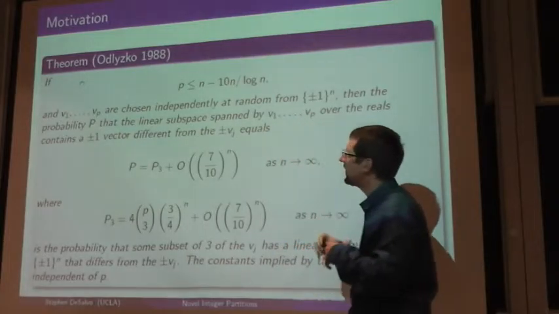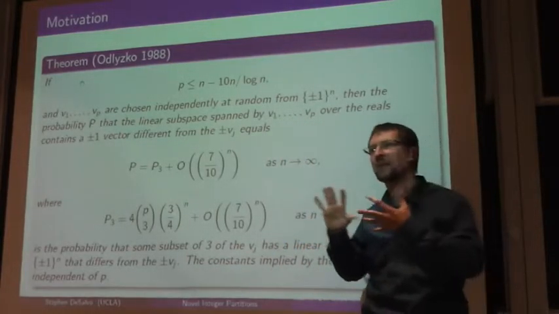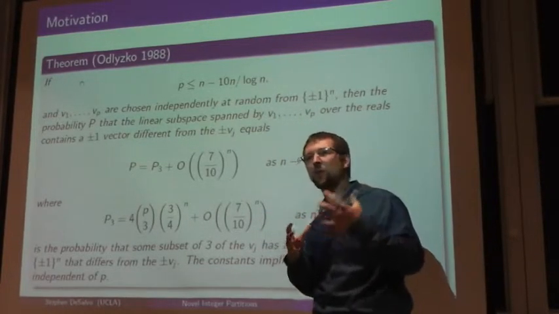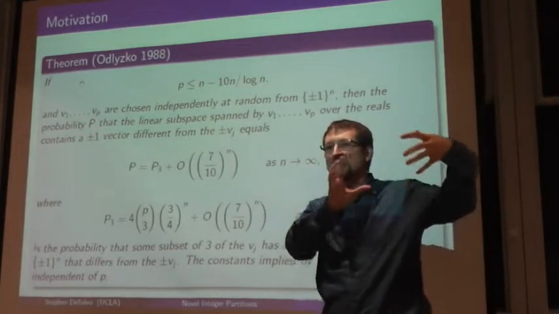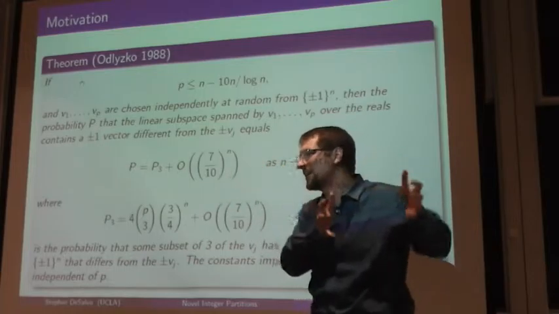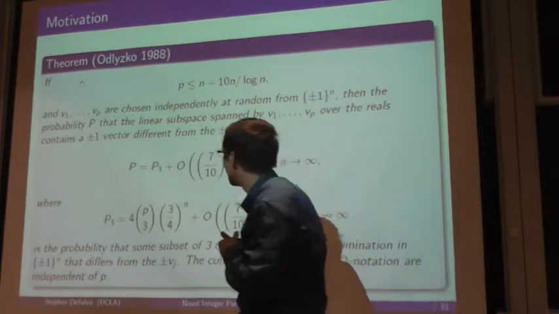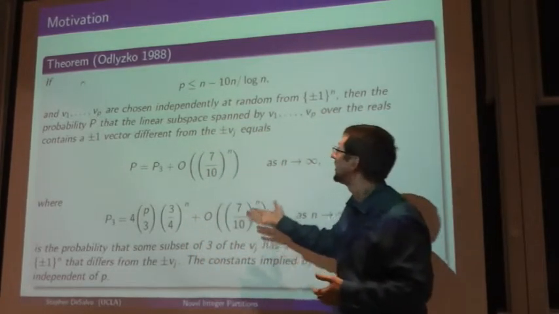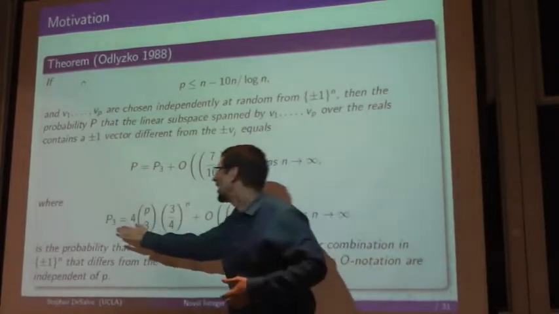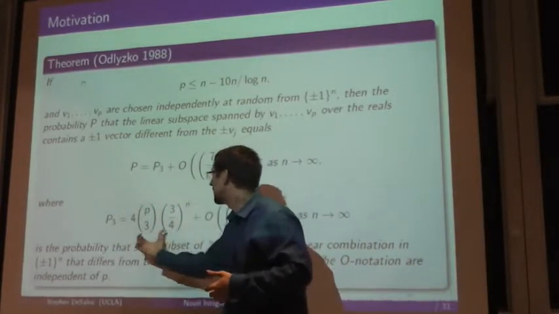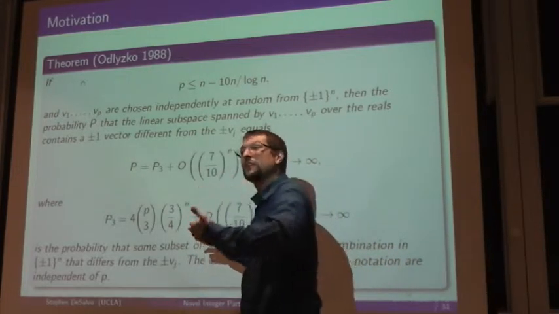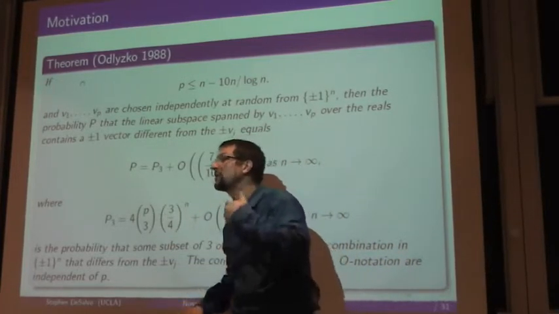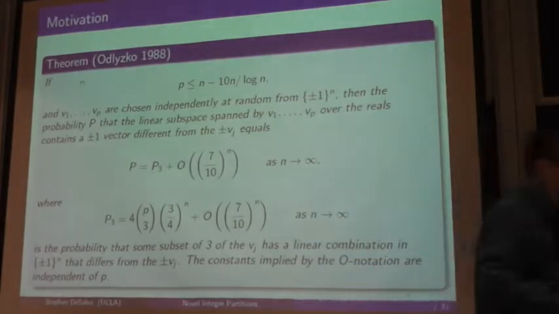The question they were looking at came from, I think, psychology results where they wanted to know about associative memories and how you can take collections of memories and get another memory out of it, something like that. And there you do get an asymptotic result: p is asymptotic to basically 3/4 to the n. This is where the 3/8 turns into a 3/4. You have one less degree of randomness.